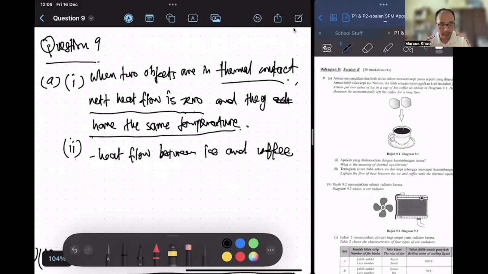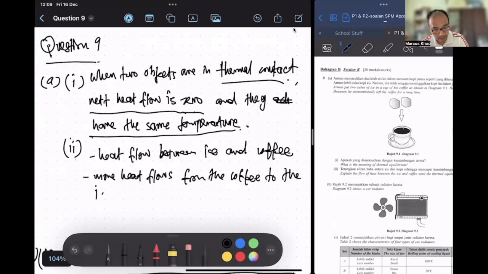The only difference is more heat flows. Think about it. Who is hotter? Obviously, it's the coffee lah. So more heat flows from the coffee to the ice, or vice versa, less heat flows from the ice to the coffee.